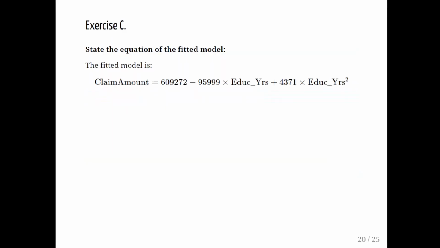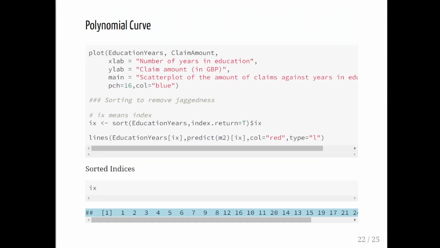Okay. Now, one last thing, I'm going to fit a polynomial curve. Now, this is actually tricky. The reason is that if you do it directly, you get something that's very jagged if the data set is not sorted. Now, you can usually sort it if it's in a data frame, but that's not the case in this case.